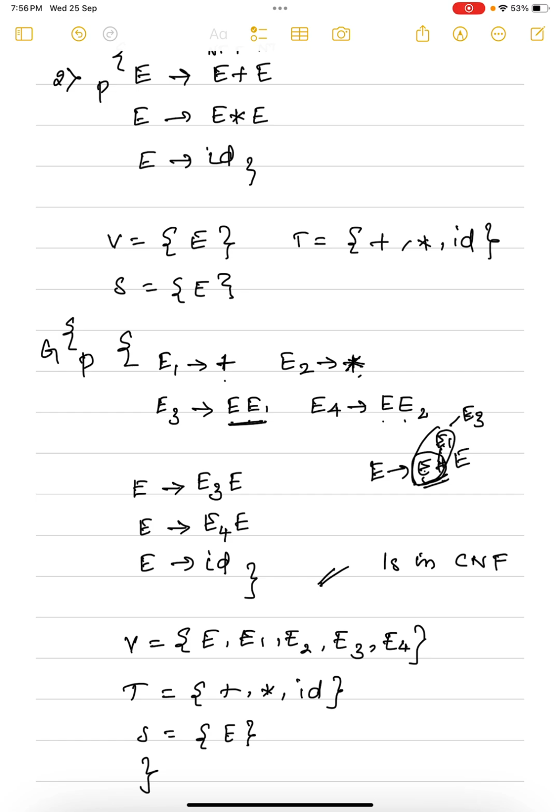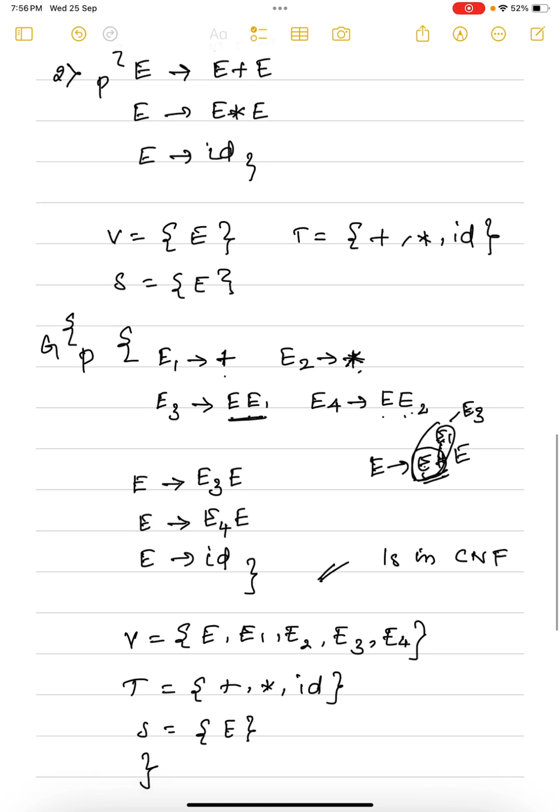So that's why E3 tends to E E1. I am introducing new production. Likewise, for deriving E star, for star I have E2 already. So I am having it in E4. Now E4 E. This E is this last E. Okay. So now this is having two non-terminals.